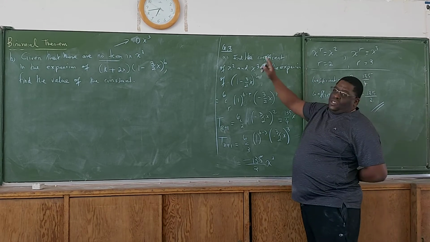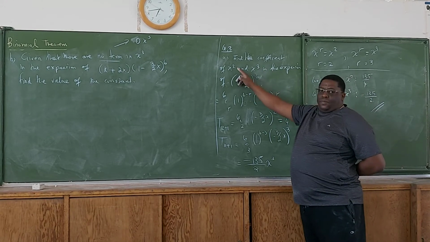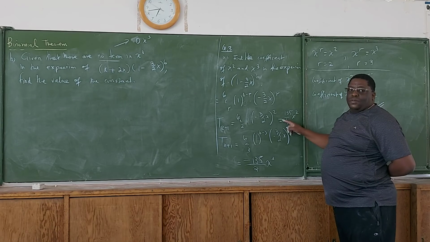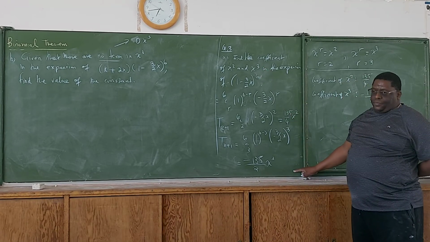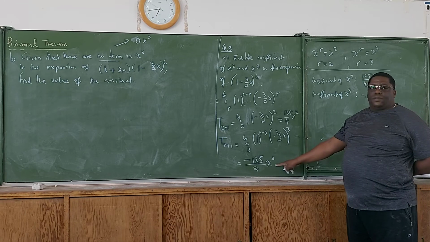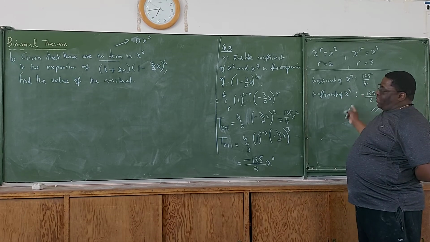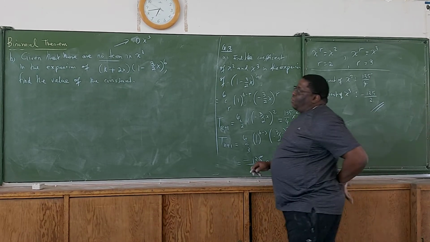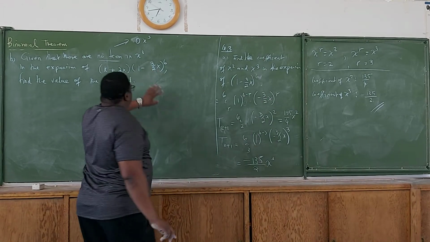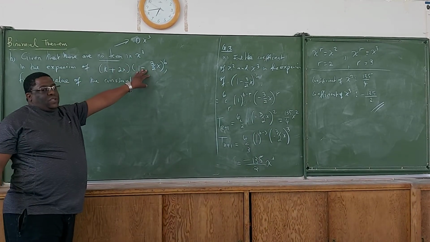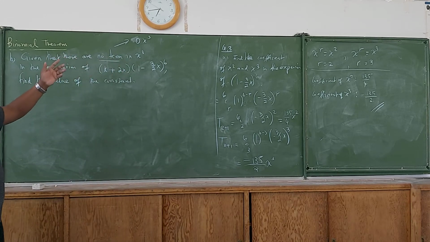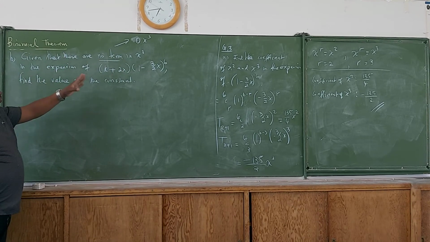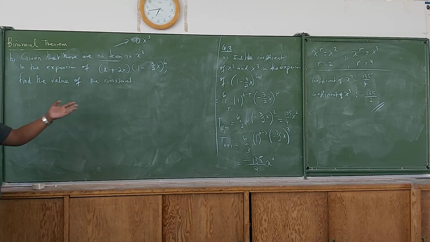But we could easily find the terms. We could find the x squared term, which was this. We also found the x cubed term, which was this. We know the coefficients. But now they are saying there is no term in x cubed. So when you are multiplying this with that expansion, it will not be an x cubed term. Now you have to use that information to find the value of k.